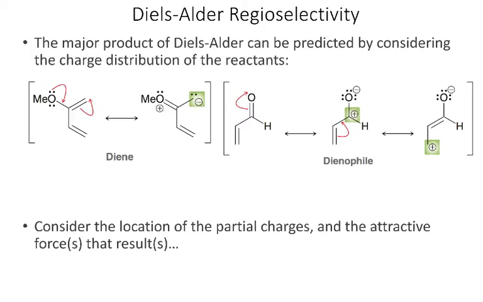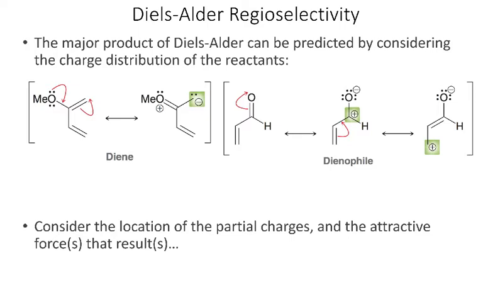we've seen these resonance structures before with the electron withdrawing groups. So we can move the pi bond up to be a lone pair on the oxygen, creating a carbocation. We now have an allylic carbocation, so we can move that pi bond over. And so what we want to consider for the major and the minor products is, how do we compare the partial charges on the diene with the dienophile? And we want those to come together in a favorable fashion.